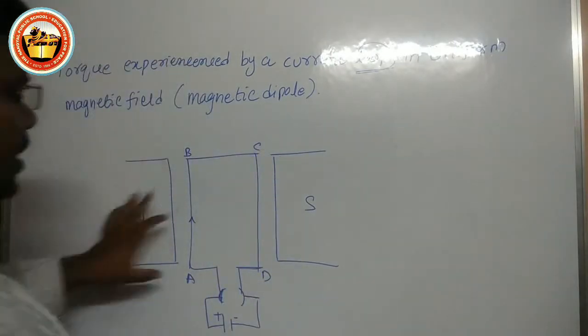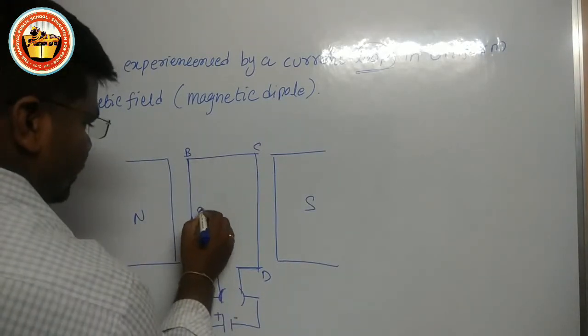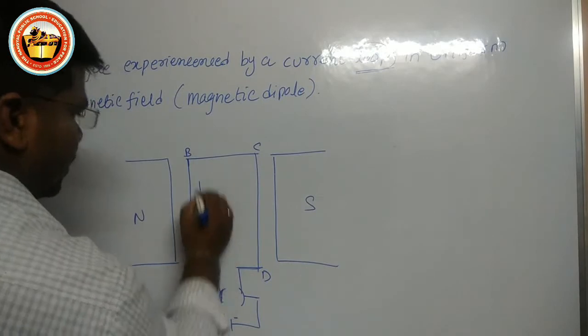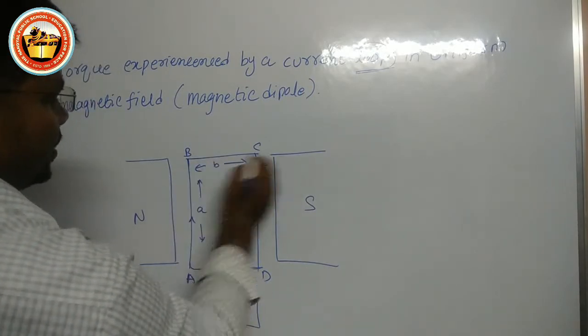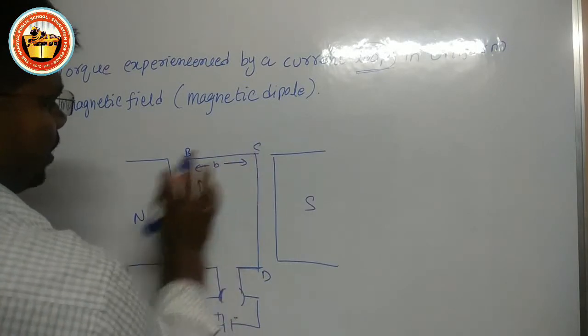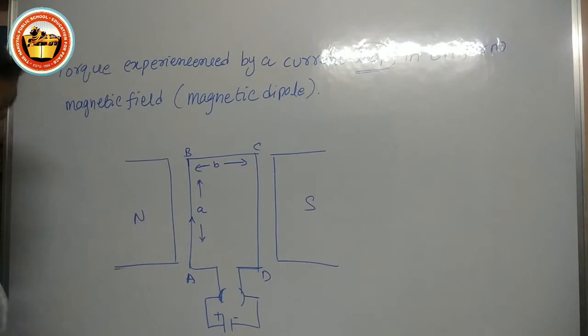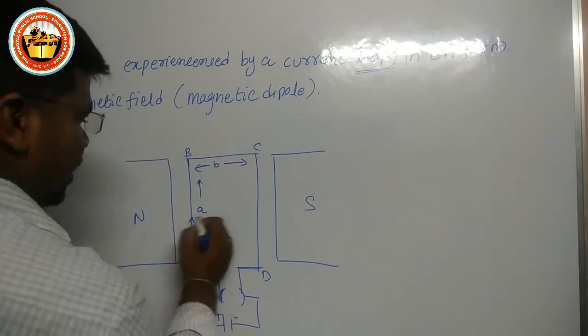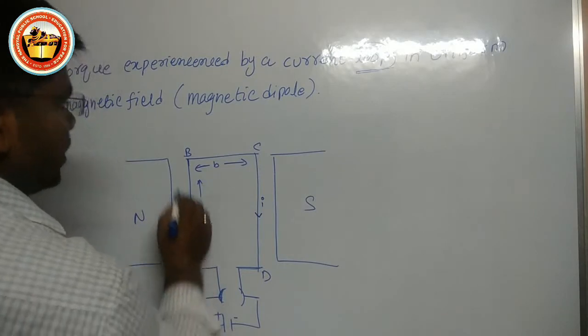AB is the length of the conductor, denoted by a, and BC is the breadth, denoted by b. The current is passing through ABCD.